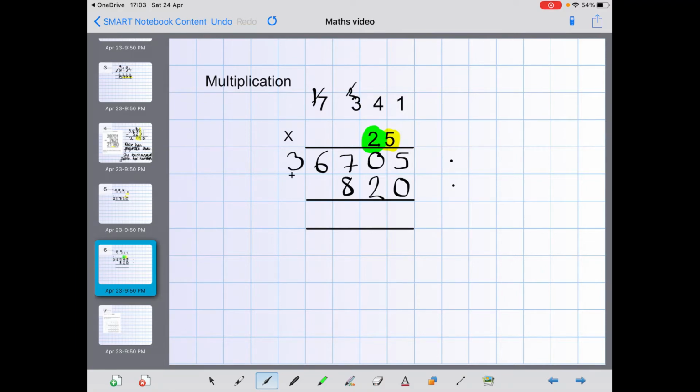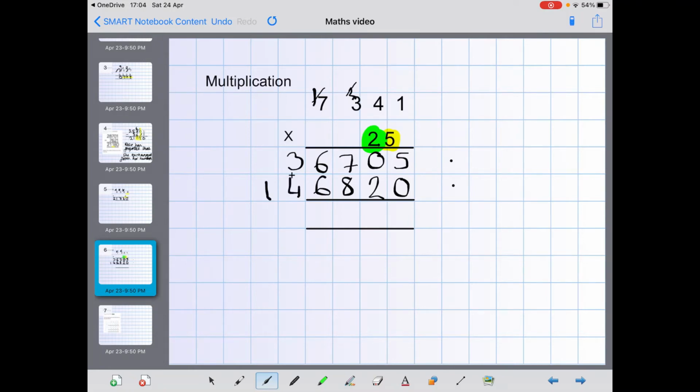When we do this in class, we will often then say 2 times 3 so that the children don't get too confused by the hundreds, the thousands and the 10,000s. But the children must understand that when we are multiplying, for example, our 2 times 4, it's not actually 2 times 4 that we are doing, but 20 times 40, which is why our 8 goes in our hundreds column. So then 2 times 3 gives me 6, and 2 times 7 gives me 14.